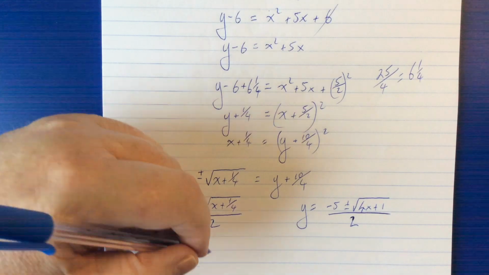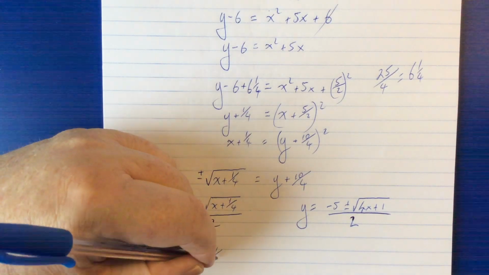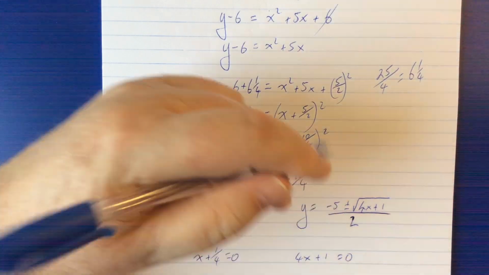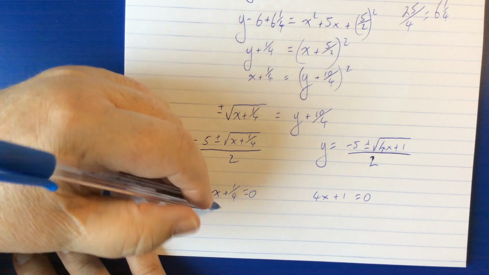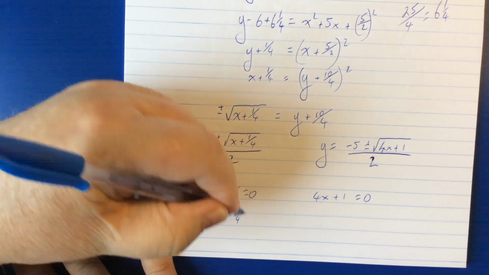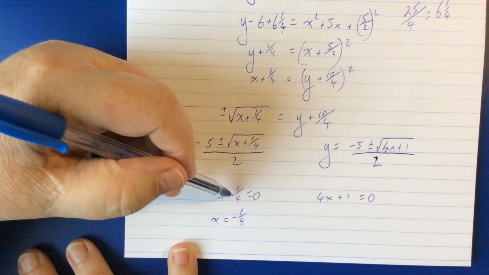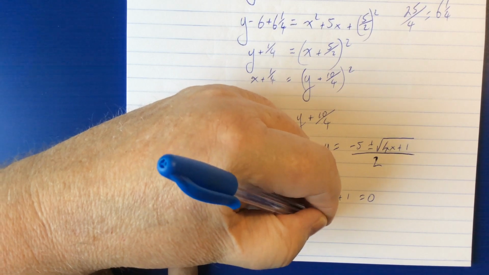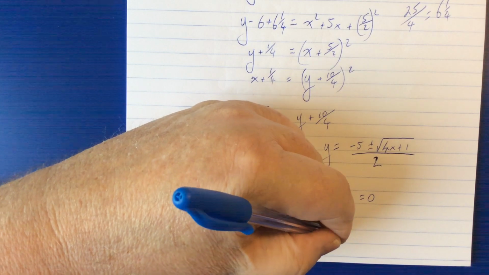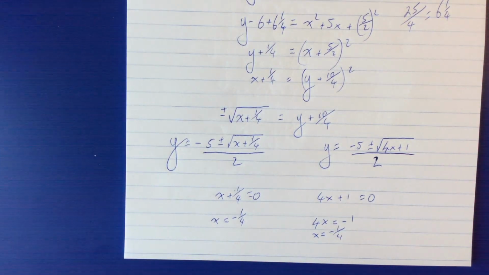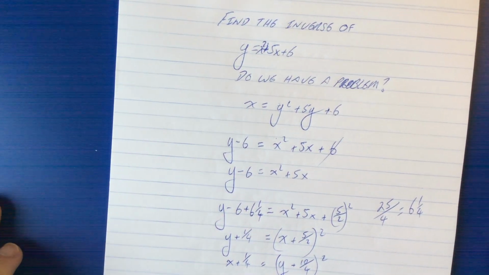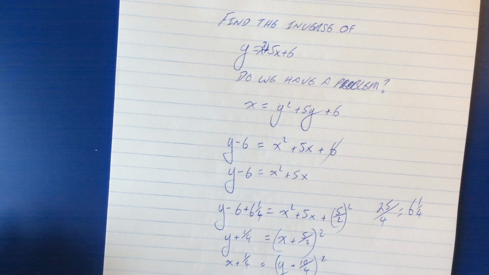I'll just set about proving this. x plus 1 over 4 equals 0. 4x plus 1 equals 0. x equals negative 1 over 4. I hope that makes sense. We just move that over there. 4x equals negative 1. x equals negative 1 over 4. Same thing.